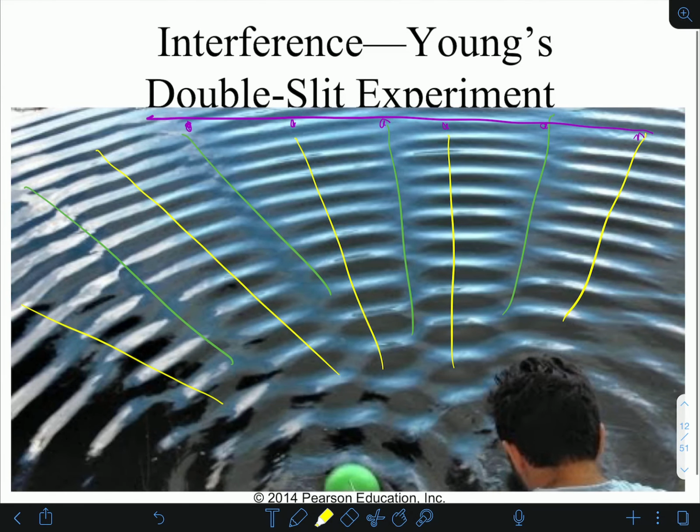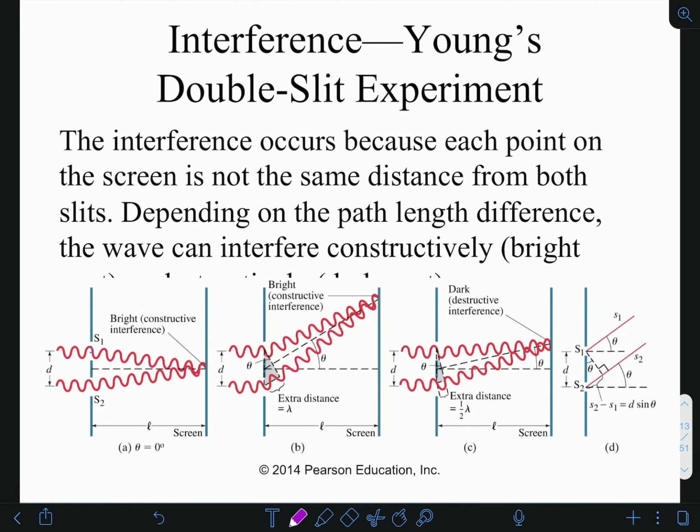So let's look at the math behind this. Remember that what's important here is the path difference, because if they both start in phase over here, and the light from S2 is traveling further, here's S1 and here's S2, the amount of extra distance it travels is going to determine what the phase is of this light versus the light from the other slit S1.